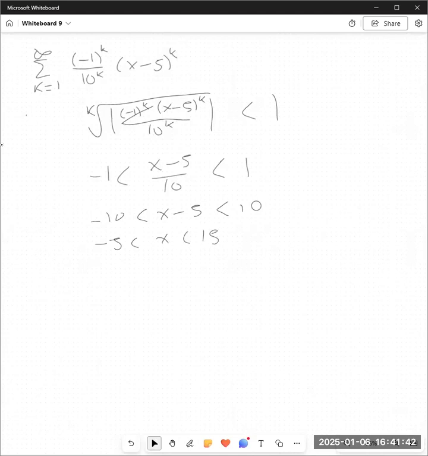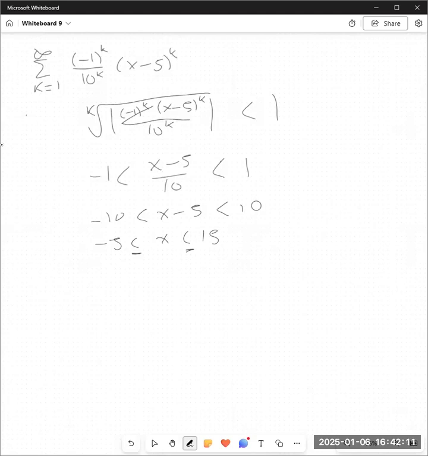Then let's go ahead and test the endpoints. I thought this was going to converge on both sides because it either becomes (1/10)^k or (-1/10)^k, which are both geometric, and the r of -1/10 or 1/10 is between -1 and 1.